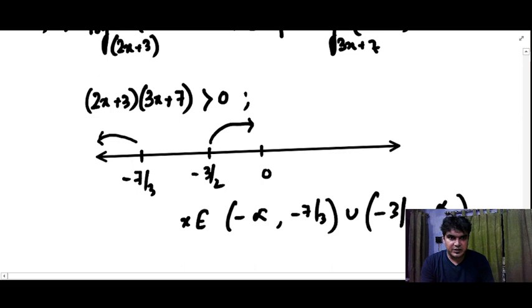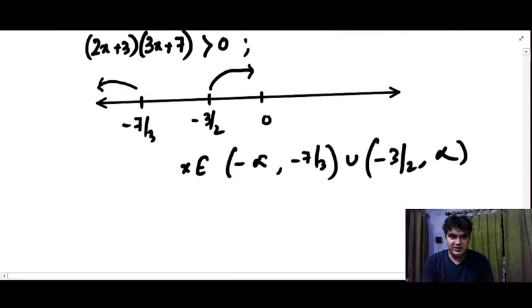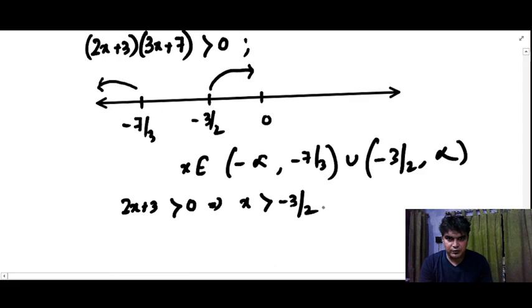Next, it's not only that m will be greater than 0, the base a will also be greater than 0, and a is not equal to 1. So 2x plus 3 is greater than 0, and that gives us x greater than minus 3 by 2.